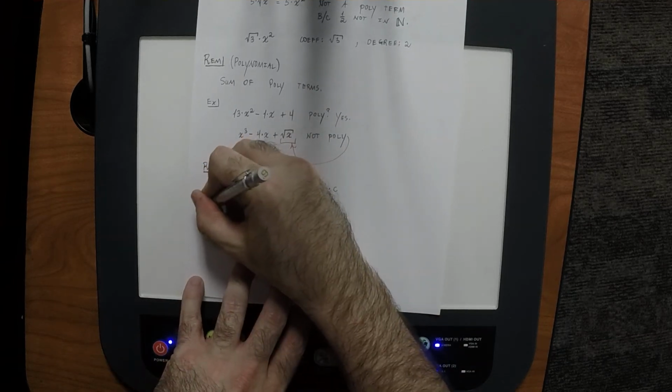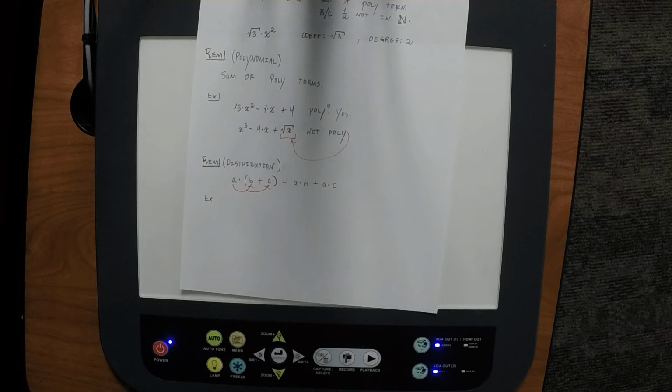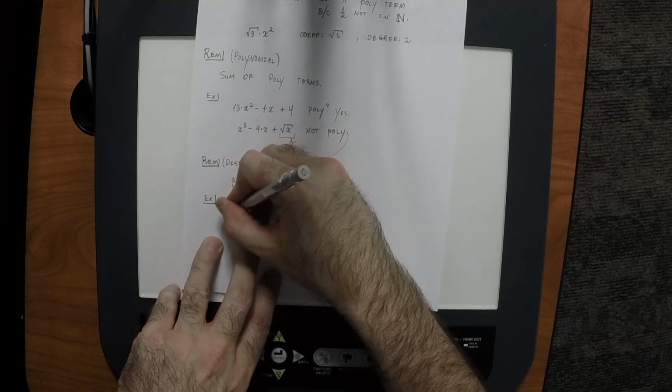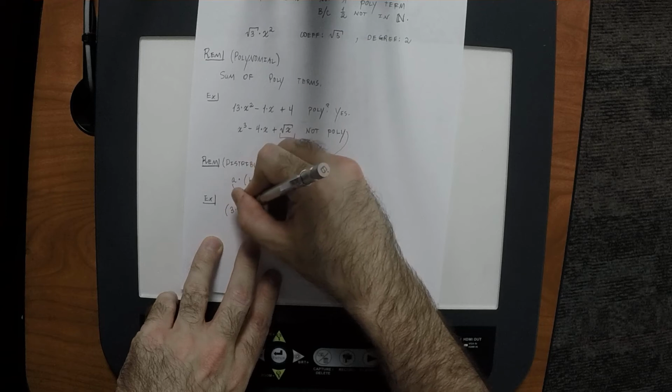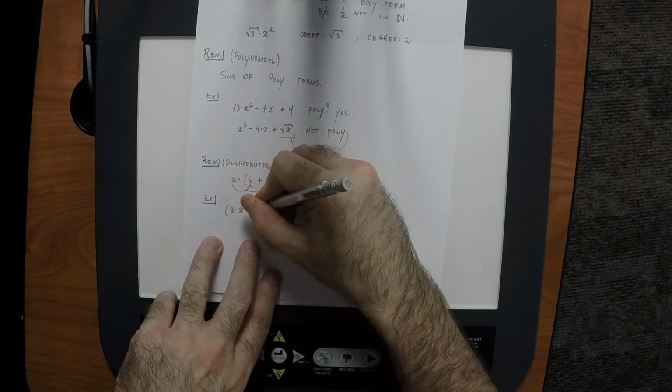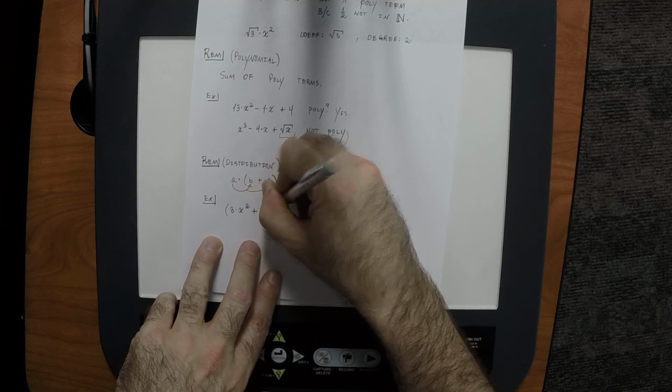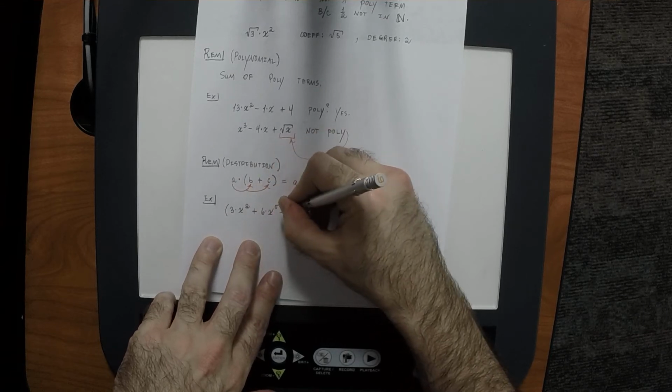So let's have an example. How about 3 multiplied by x squared plus 6 multiplied by x to exponent 5 minus 8.